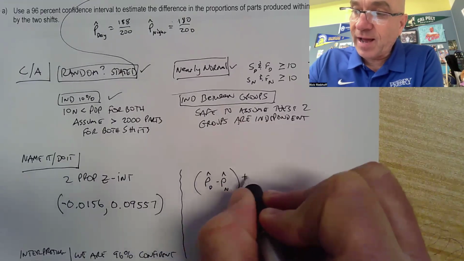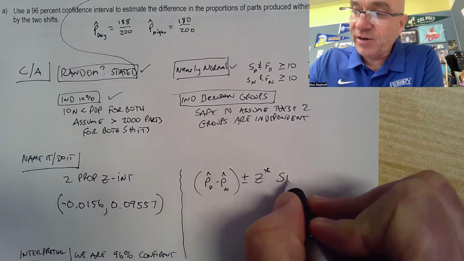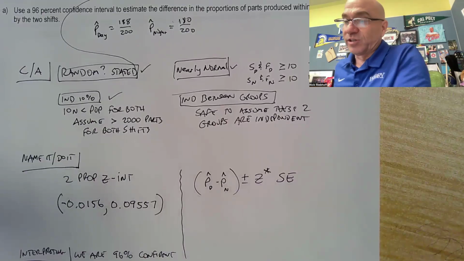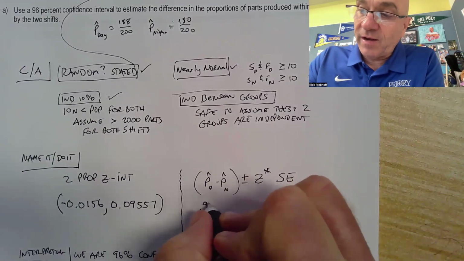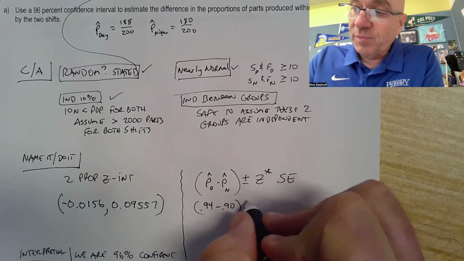And then we would add or subtract our Z star times the standard error or standard deviation of the sampling distribution. All right, so I do know that this was 0.94 minus 0.90 for that plus or minus.